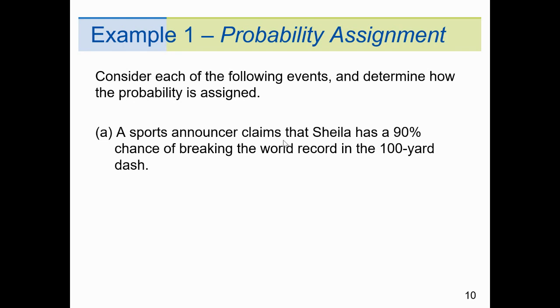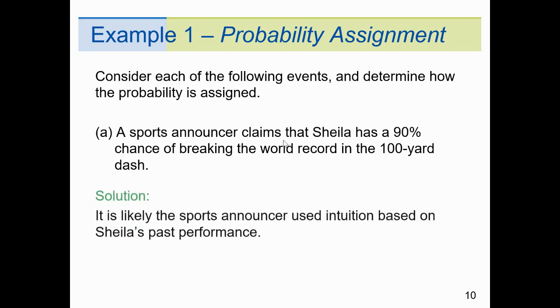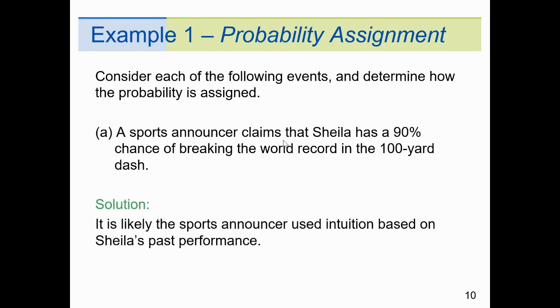So the sports announcer says that today's the day that Sheila is going to break the record. Perfect conditions. There's no wind. The track is fast. So what we're doing is basing this on intuition. Not on equally likely or frequency or relative frequency. It's just, hey, I think she's going to break the record based upon her times getting better and better.